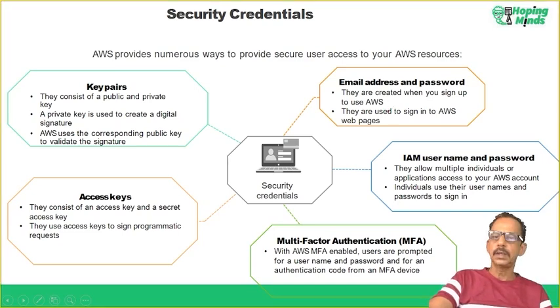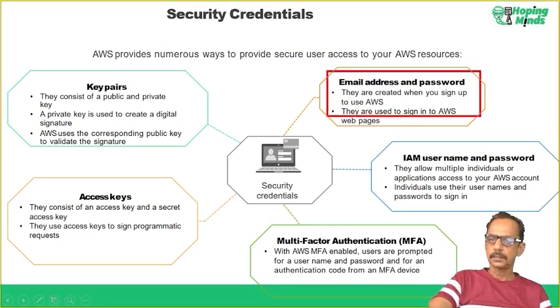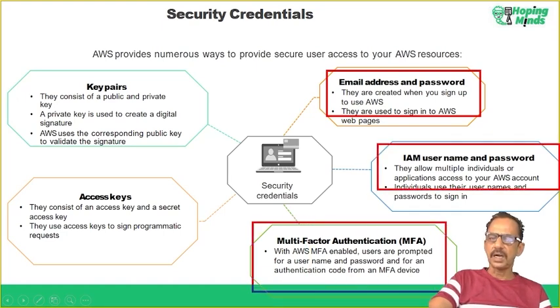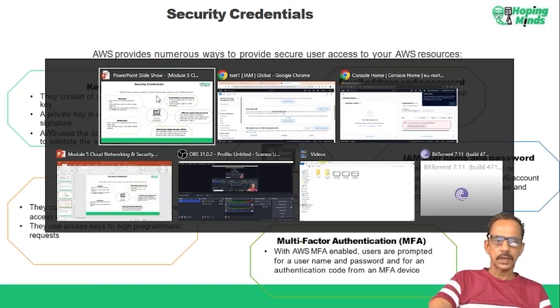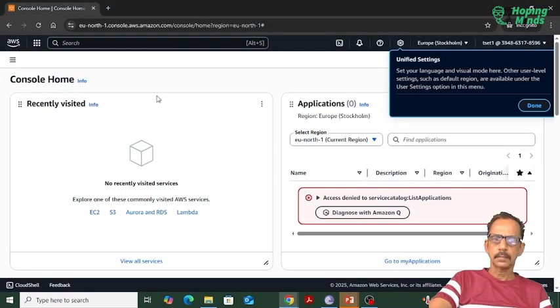Email ID and password are used to log in as an IAM user. There can also be multi-factor authentication. AWS provides numerous ways a user can log into the AWS account and access those resources. So if you come here, this user has been logged in.